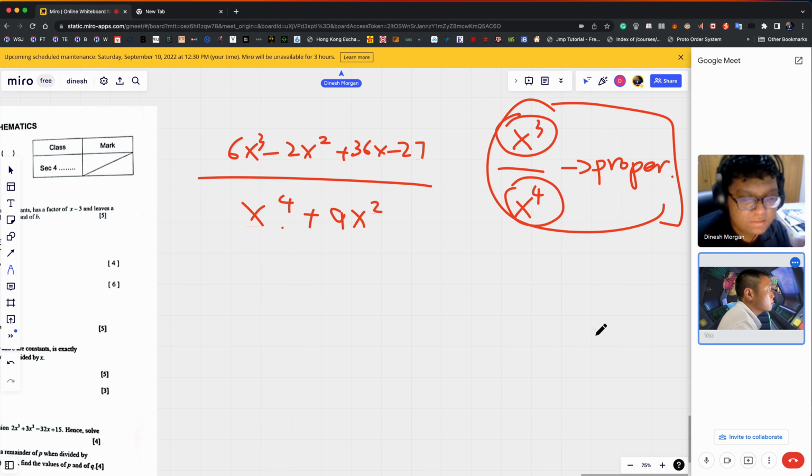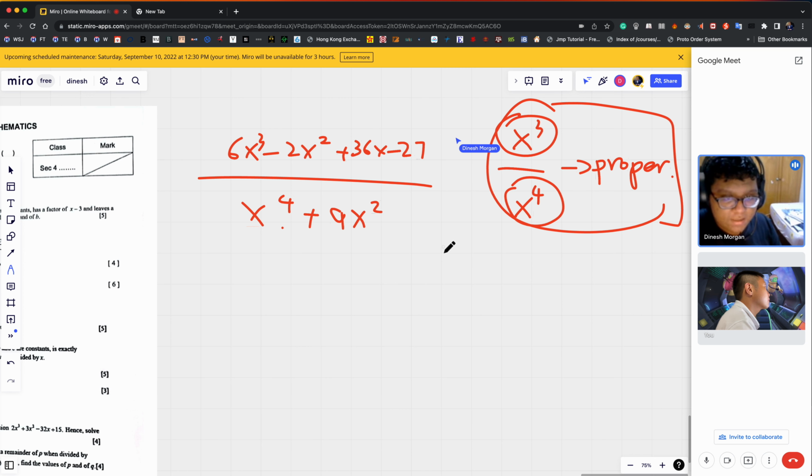But what if x is 1? The top would be... You are talking about the value, but I'm talking about the degree of x. If the value on top is higher than the value below, wouldn't that be improper? Very good observation, but over here I'm talking about the degree, I don't care about the value.